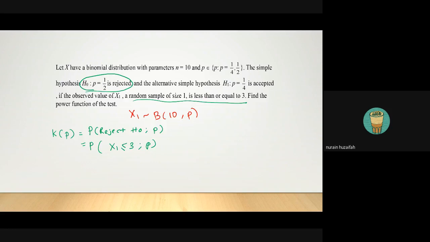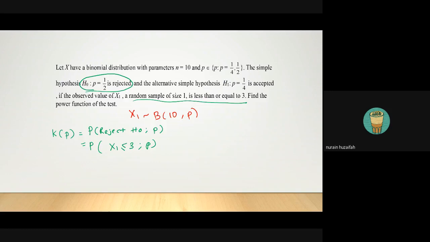Okay. So now you want to find the power function of the test. In this case, we didn't give you the value of alpha. So when we didn't give you alpha, that means you have to find the power function when H0 is true, and also the probability of rejecting H0 when H0 is false.